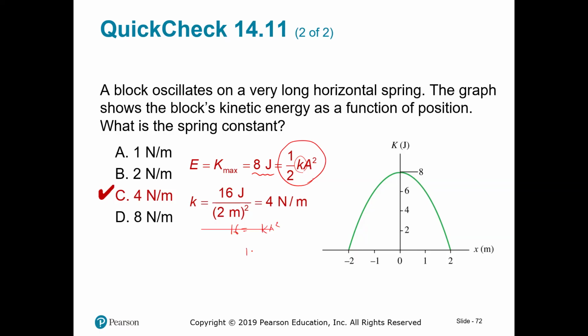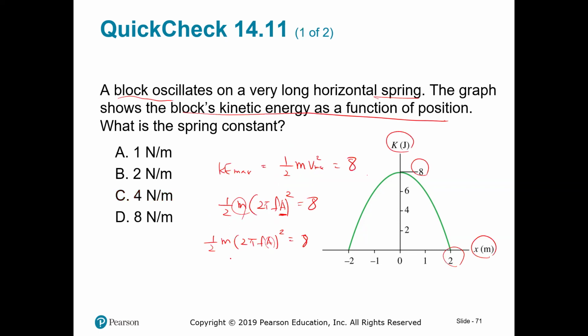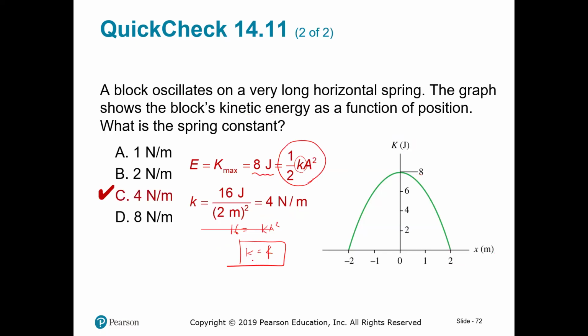A is 4, so k is 4 as well, right? A is 2, sorry. Right? But also, again, you can use kinetic energy maximum to find the frequency here. And then after you find the frequency, you can use the relationship between frequency and k, and then you find k as well. But I believe this method is easier.